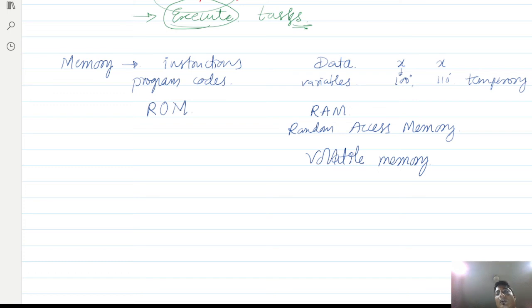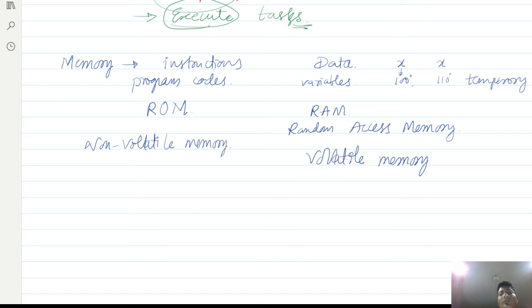Once you power off the appliance, whatever the previous values were, they will all be lost. So you have to once again set the new values once you turn on the appliance. And ROM is called non-volatile memory, because whether you turn the device on or off, the instructions or program codes are going to stay in the location. They are not going to get erased or changed. Therefore it is called non-volatile memory.